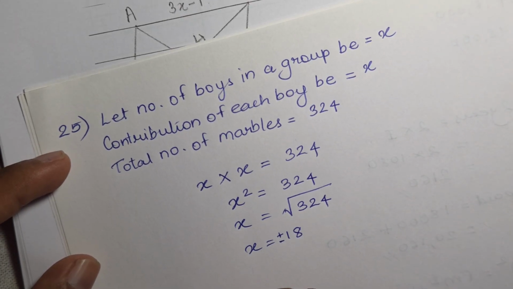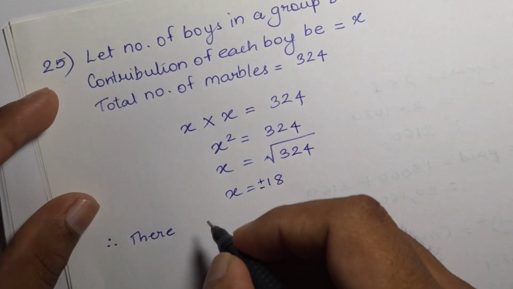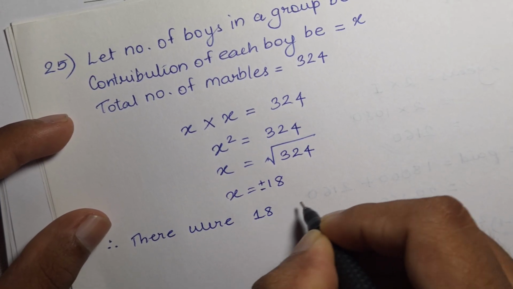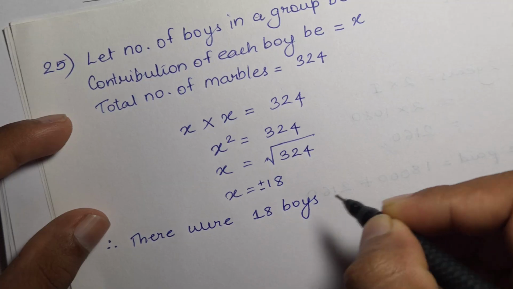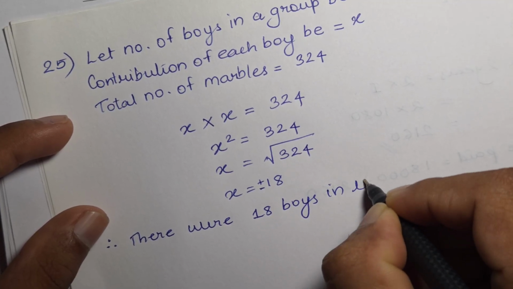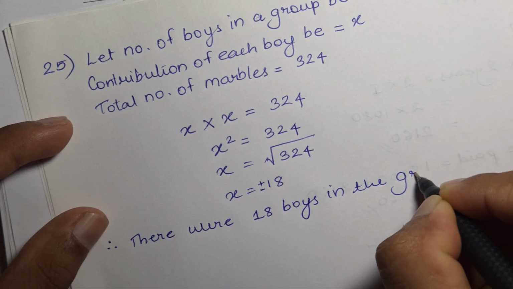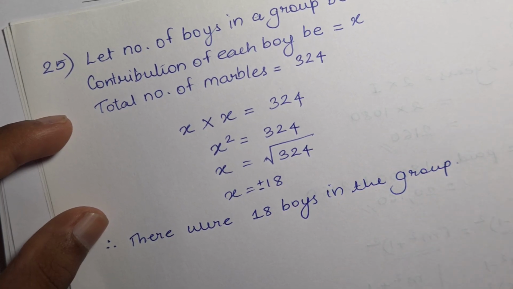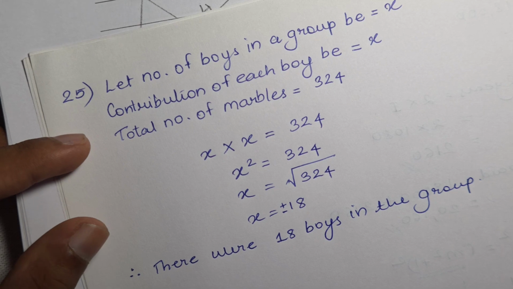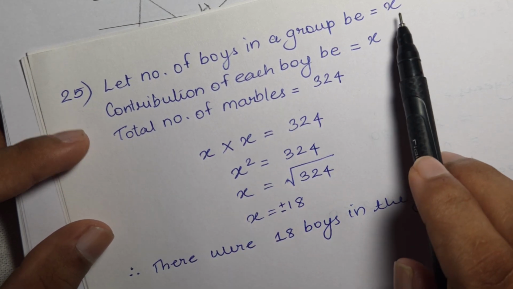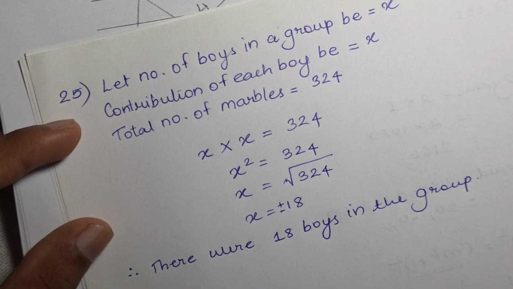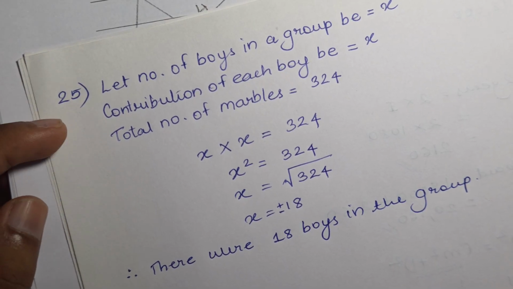There were 18 boys in the group. Okay, so that was easy. Only thing is we need to understand that number of boys in the group was equal to the contribution of each boy. Okay, fine. So this was 25th problem.